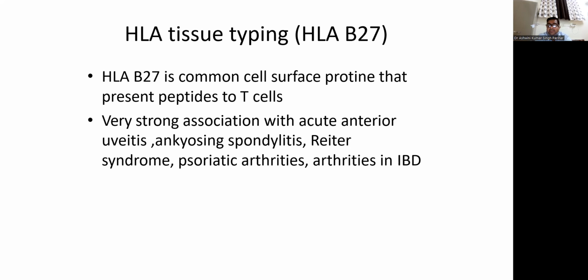HLA tissue typing, as I have already mentioned, we will discuss in the upcoming slides, when to do HLA-B27 testing. HLA-B27 is an antigen present over the surface of cells, that is T cells. A very strong association has been found of HLA-B27 with ankylosing spondylitis, Reiter syndrome, psoriatic arthritis, and arthritis in inflammatory bowel disorders.